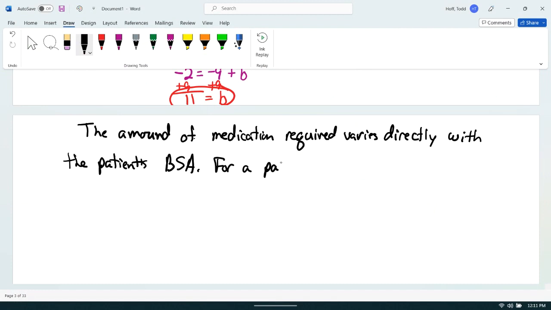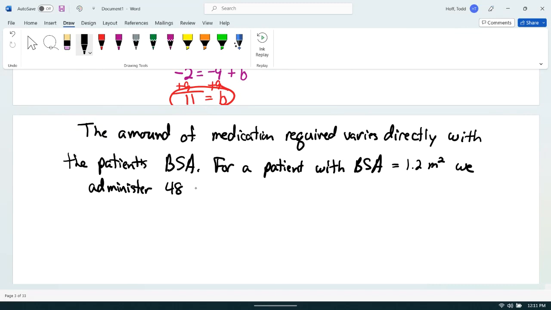For a patient with BSA of 1.2 meters squared, we administer 48 milliliters of medication.